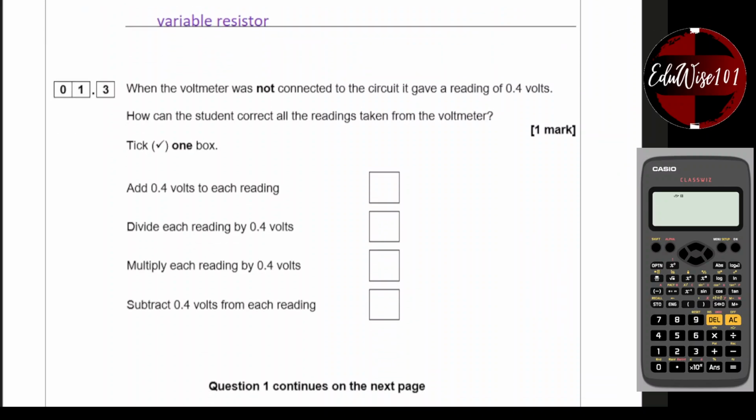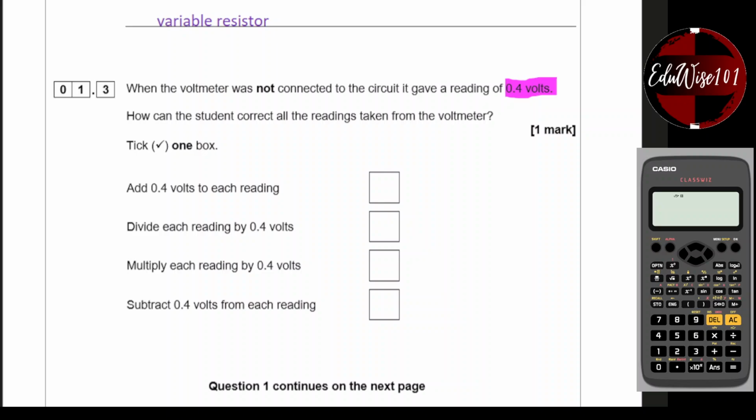Question 1.3. When the voltmeter was not connected to the circuit, it gave a reading of 0.4 volts. How can the student correct all the readings taken from the voltmeter? So when it's not connected, if it's already reading 0.4 volts, and you are meant to measure 1 volt, instead of reading 1 volt, it would actually measure 1.4.